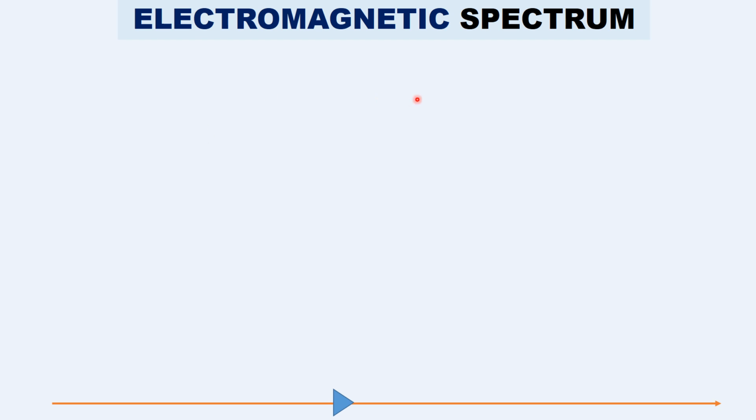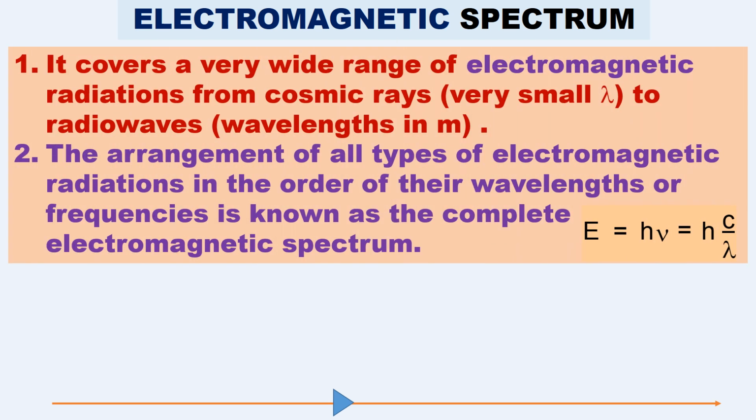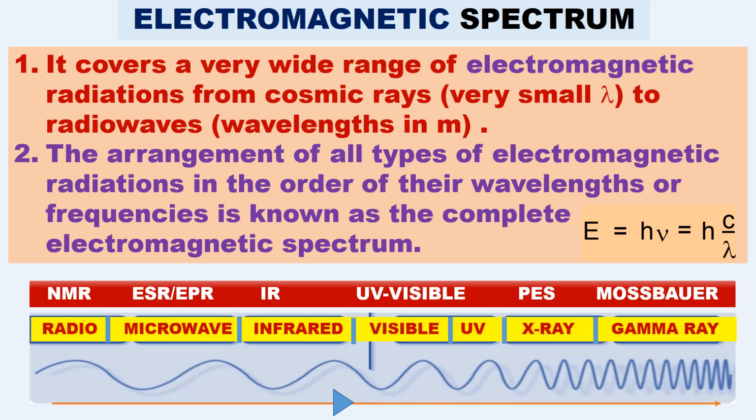Now, what are called electromagnetic spectra? Electromagnetic spectra are given by electromagnetic waves or radiations. Electromagnetic radiations give the electromagnetic spectrum. It covers a wide range of electromagnetic radiations from cosmic rays of very small wavelength to radio waves of longer wavelength.